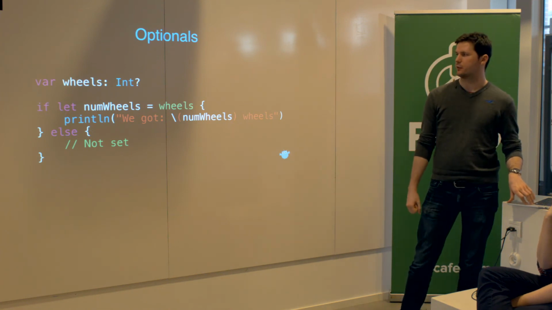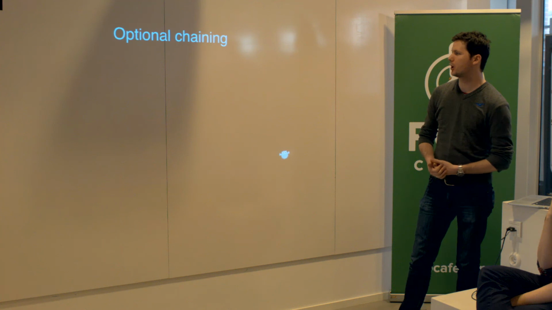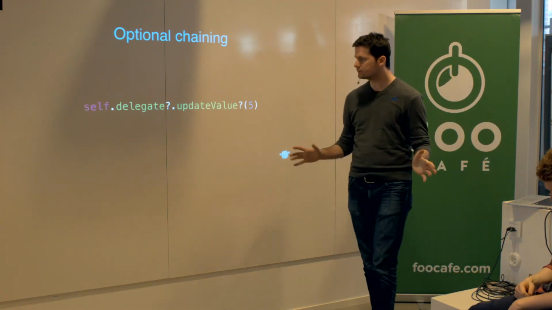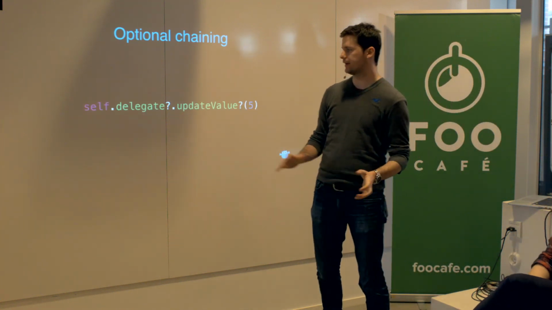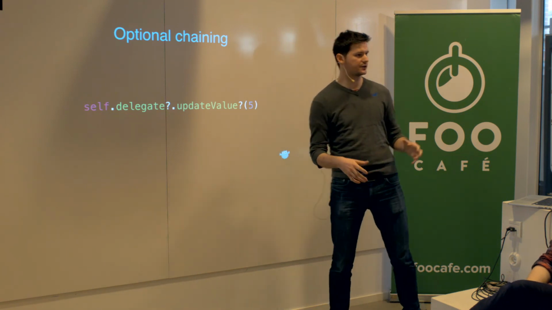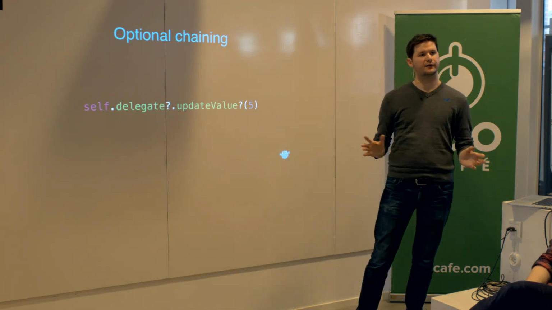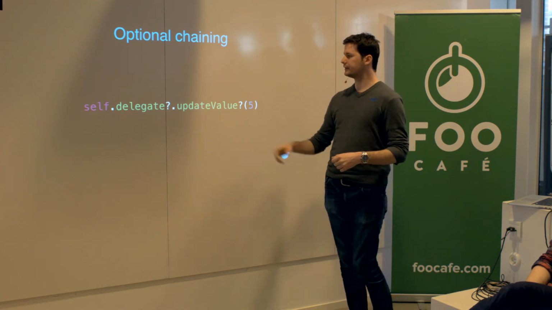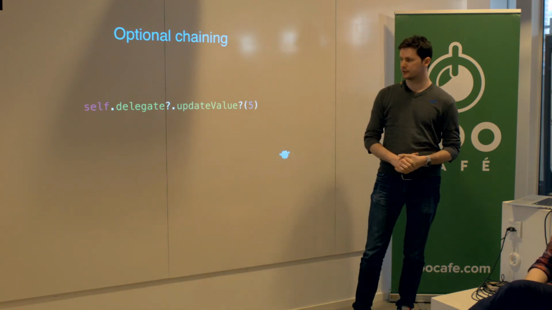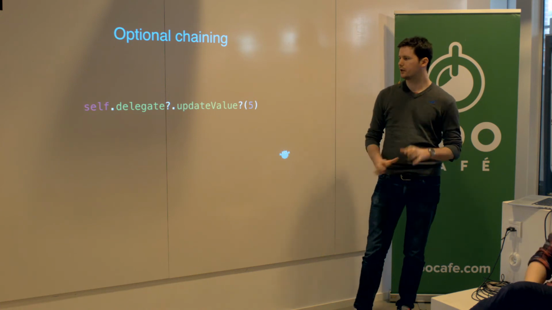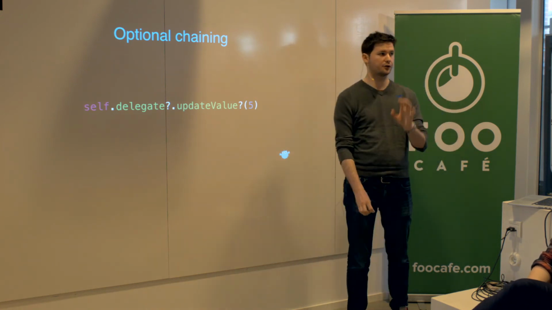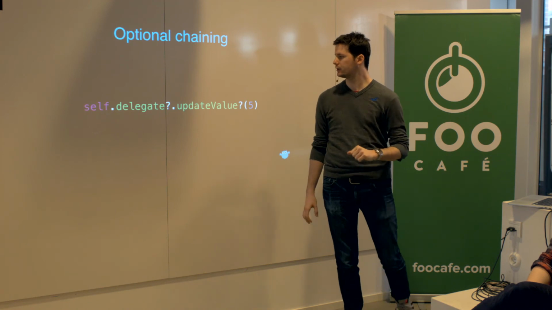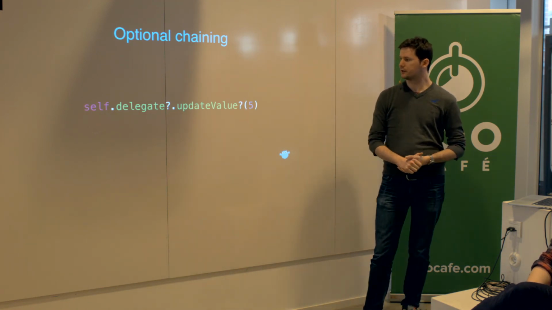Moving on to the next thing about optionals: optional chaining. Let's say in a class we have a delegate, and the delegate is optional. We might have it, we might not have it, we don't know. And that delegate implements a protocol which has an optional function defined called update value.